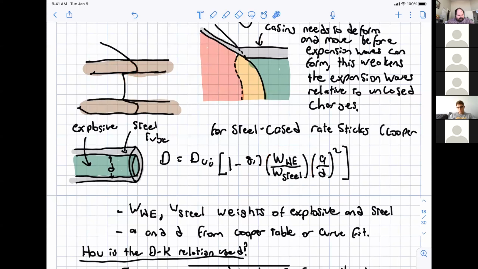Okay, but they used beryllium for experimental things. You couldn't use it for anything practical because the combustion products of beryllium are toxic.